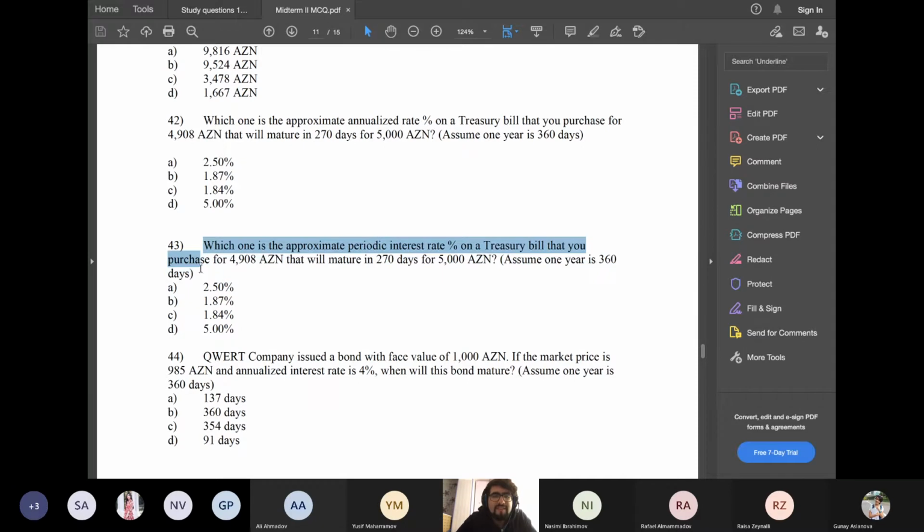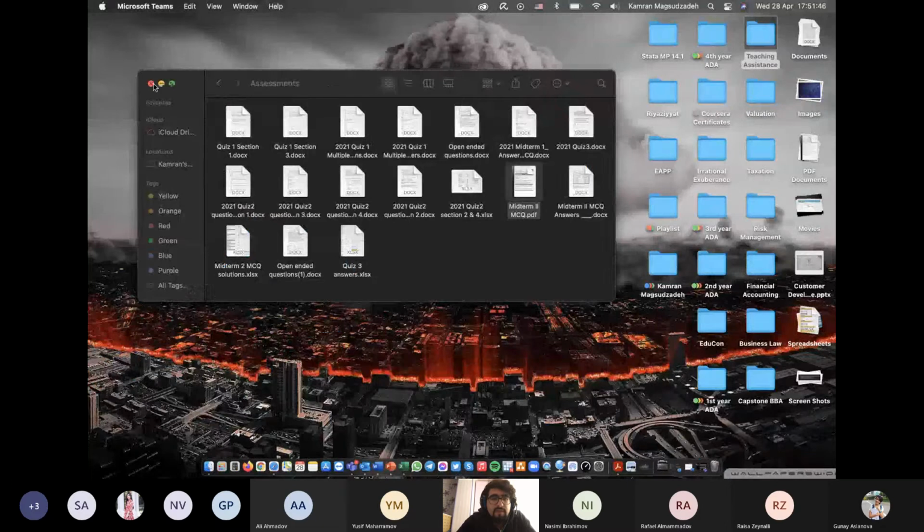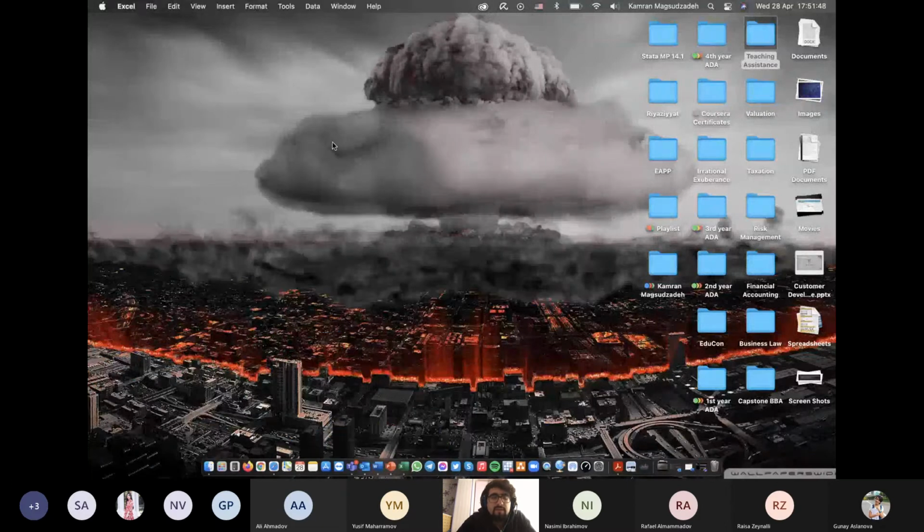They are not the same. The answer is not wrong, because this one is asking for the annualized rate, but this one is asking for the periodic interest rate. For example, let me open the Excel file.